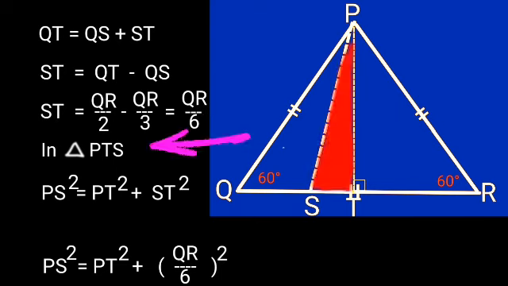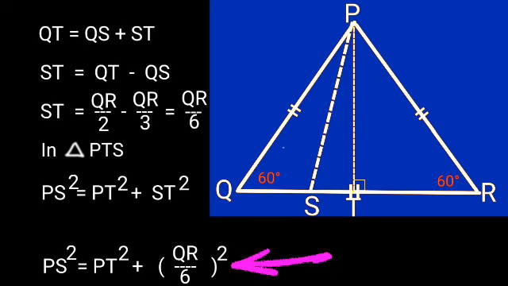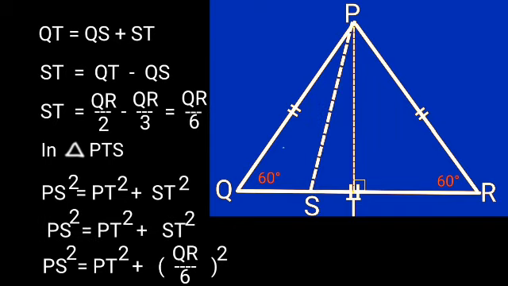In triangle PTS, by Pythagoras theorem, we can write here PS square is equal to PT square plus ST square. PS square is equal to PT square plus ST, we have found here QR upon 6 bracket square.